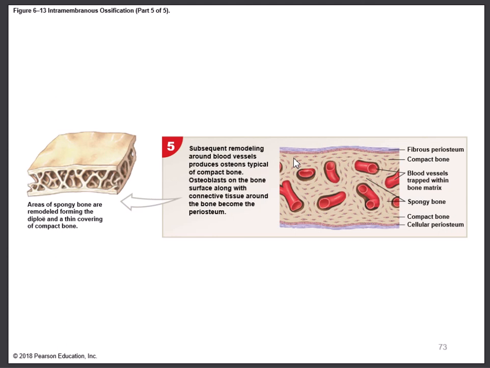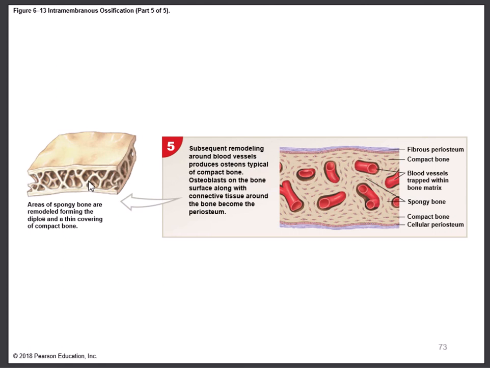Remember we said it was like a sandwich almost, right? We had a layer of bread here. That was from a previous lesson. A layer of bread here, and then nice spongy bone in between. And you can see this is what it would actually look like, right? We could see thin layer of compact bone, thin layer of compact bone, and then nice spongy bone in between.